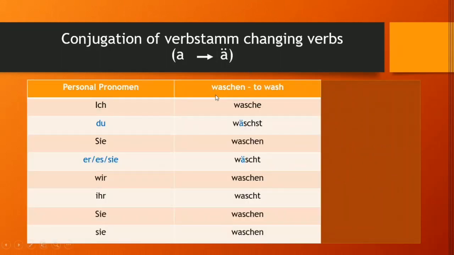So another irregular verb would be waschen, which means to wash. Even over here, A changes to A umlaut in the Verbstamm. Ich wasche, du wäschst, er/sie/es wäscht, wir waschen, ihr wascht, sie waschen, Sie waschen.